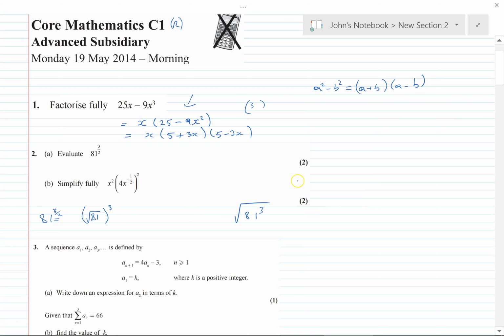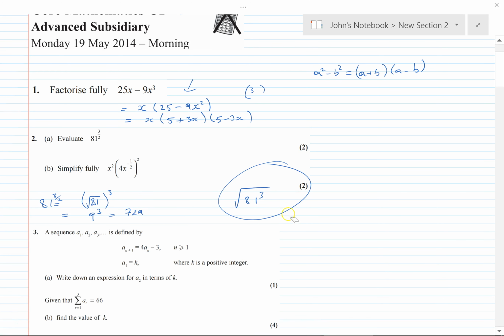Without a calculator, this one I would suggest is not the way to go. So we need to be doing 9, the square root of 81 is 9, cubing 9 is going to be equal to 729. So there we go, that's part A of the question done.